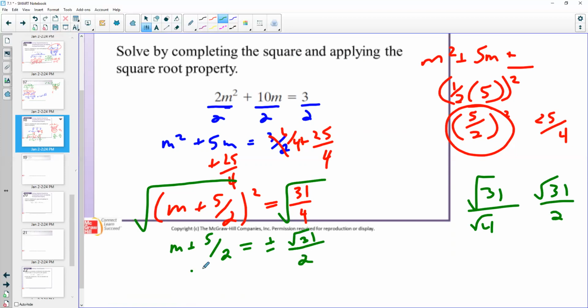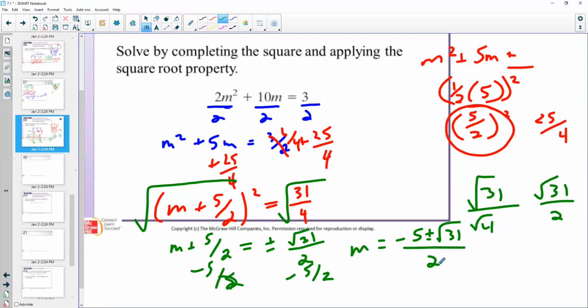All right, now I'm going to take away 5 halves from both sides. So I get m equals, these have the same denominator, so I can just combine the numerators. Negative 5 plus or minus square root of 31, all over 2.